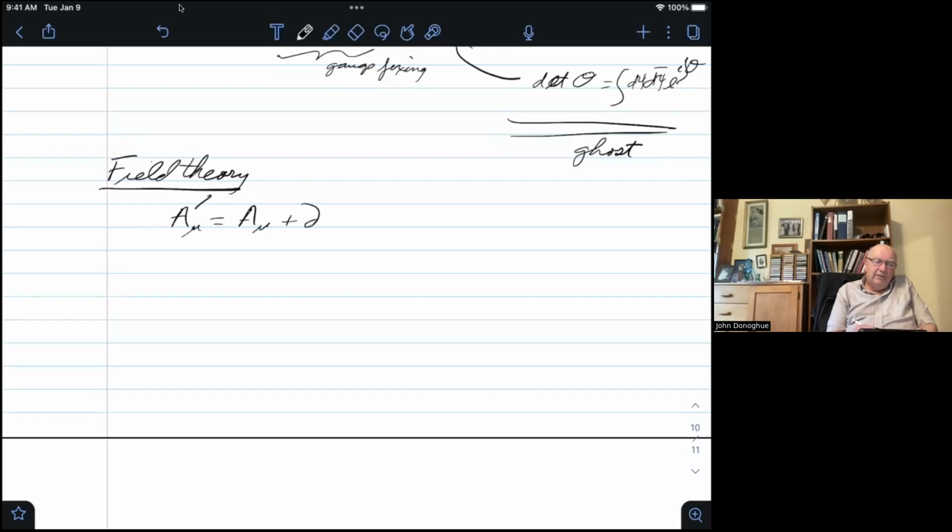The gauge transformation is some linear transformation. The constraint is f of A equals 0, or I could equally well make it to be a constant.